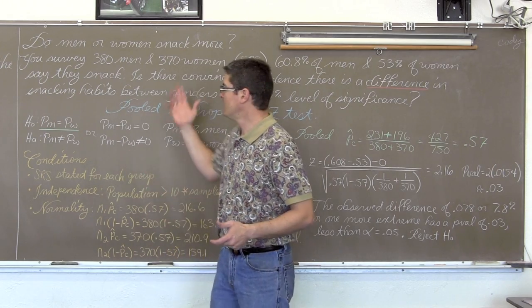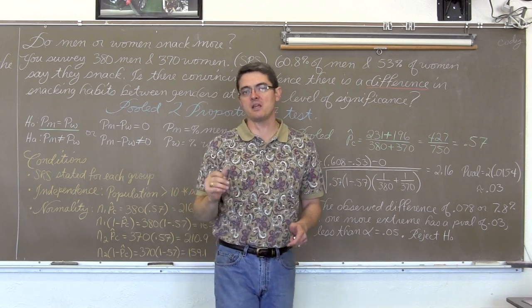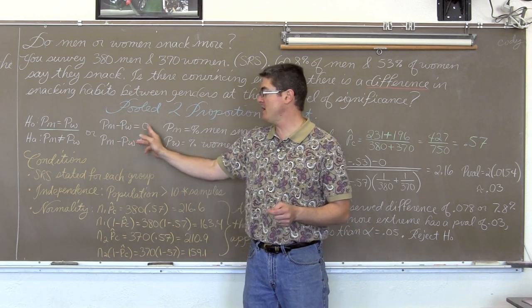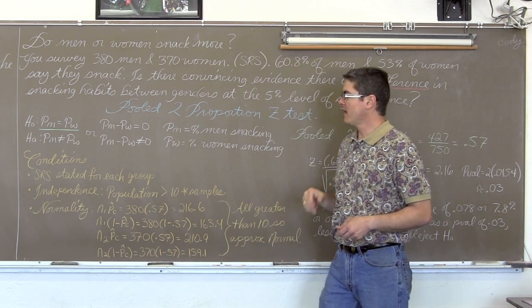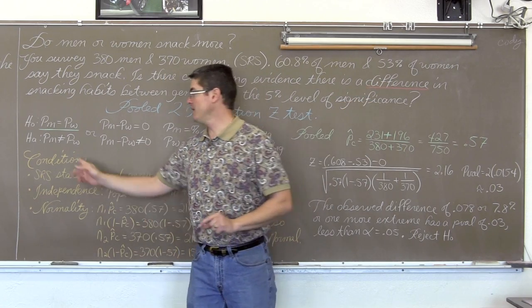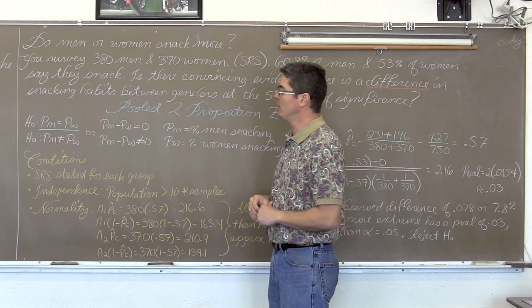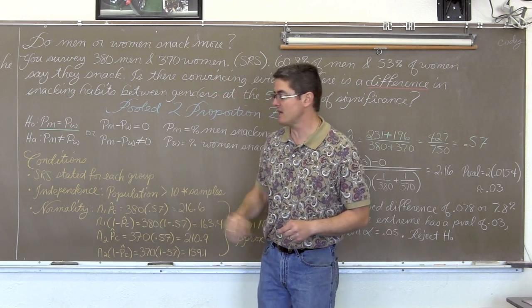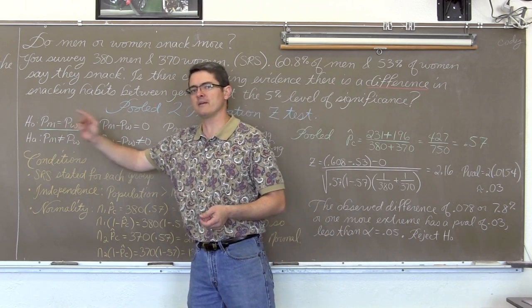And so thus, H sub 0 is that the proportion of men is equal to the proportion of women who say yes, or you set it up with subtraction and have it equal 0 like I prefer. Define your variables, and H sub A, again, because of this word right here, is going to be a two-sided test. The proportion of men is not equal to the proportion of women who say yes, or the proportion of men minus the proportion of women who say yes is not equal to 0. I did say not equal here, didn't I?